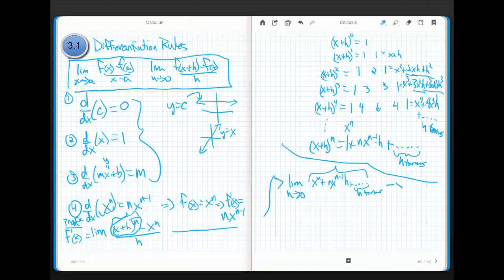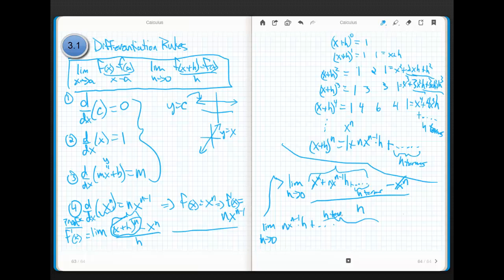And then I subtract out my x to the n, and I divide by h. Watch what happens. Goodbye, goodbye. Now look close. This becomes the limit as h goes to 0, those look like n's, don't they? As h goes to 0 of nx to the n minus 1 times h plus, now since those guys all canceled, I'm going to call this my h terms.